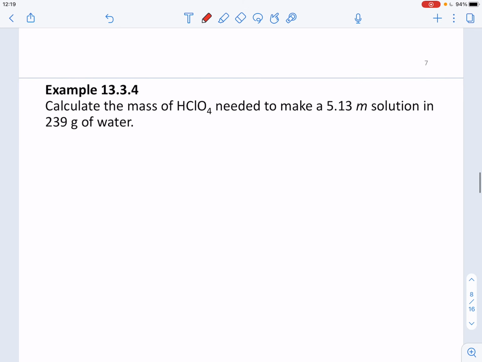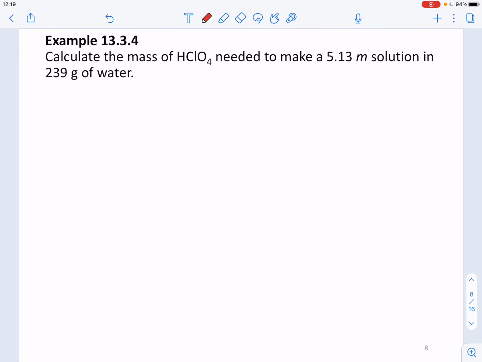Now, how about we do this the other way around? So calculate the mass of perchloric acid needed to make a 5.13 molal solution in 239 grams of water, right? So we can use this as a conversion factor, because this, after all, is 5.13 moles per kilogram.